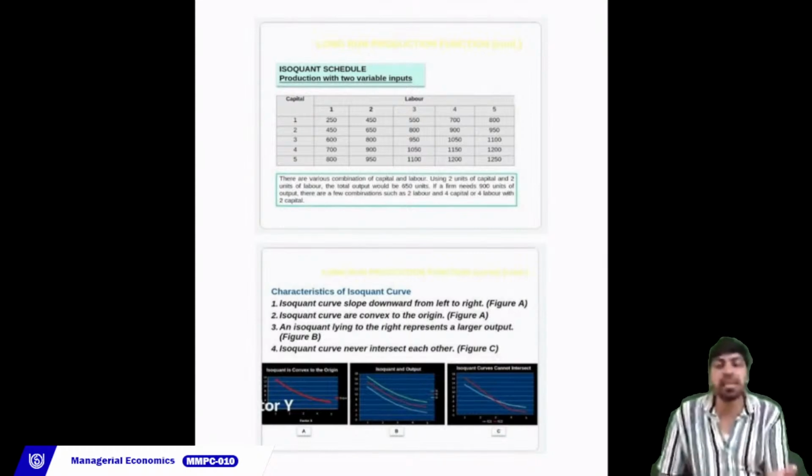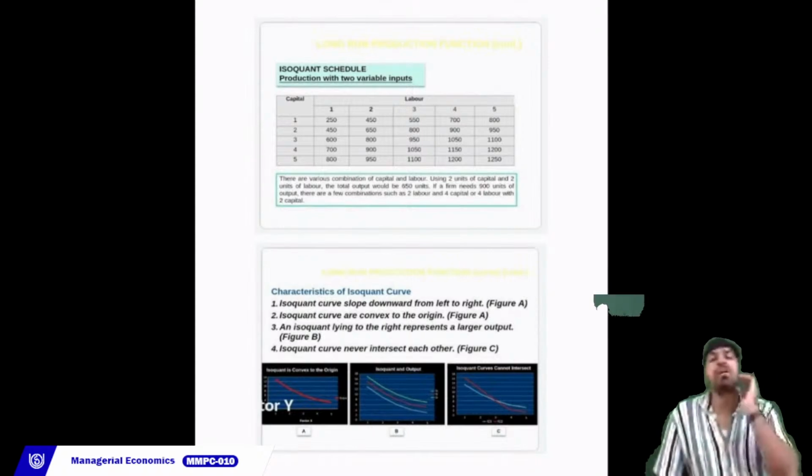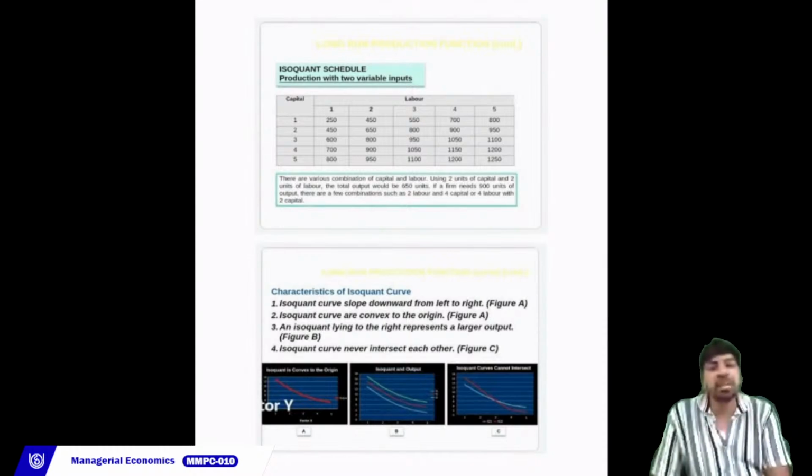So if we combine labor and capital, check it, 450, 600, 700, 800. For the second category of labor, the output is 450, 650, 800, 900, 950. For the third unit of labor, the output is 550, 800, 950, 1050, 1100.